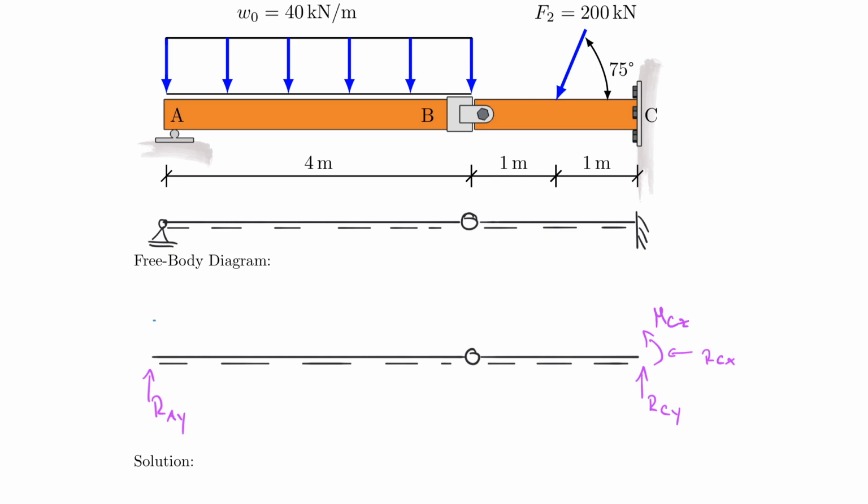I have also external forces on the system. So I have an evenly distributed one and a concentrated one, which I break down into two components, a vertical component and a horizontal component. Those happen to be 200 sine 75 and 200 cosine 75.